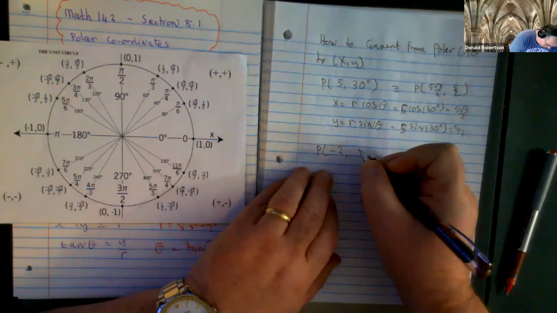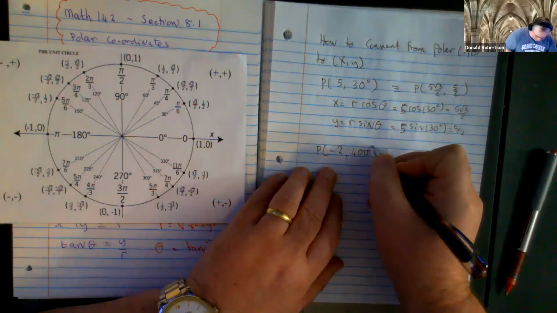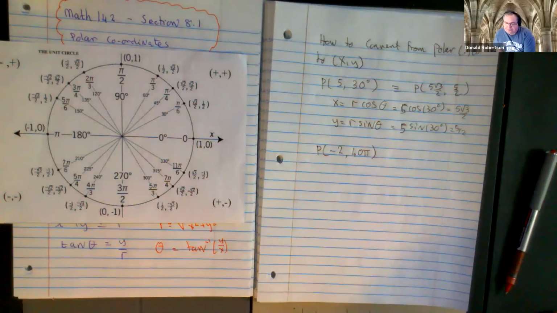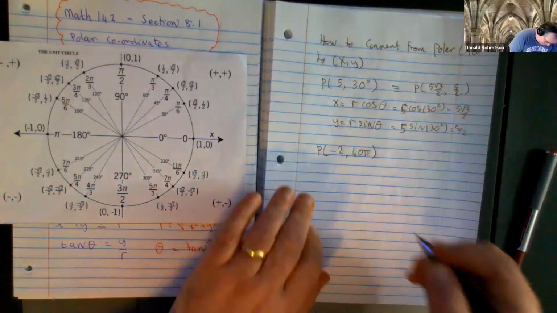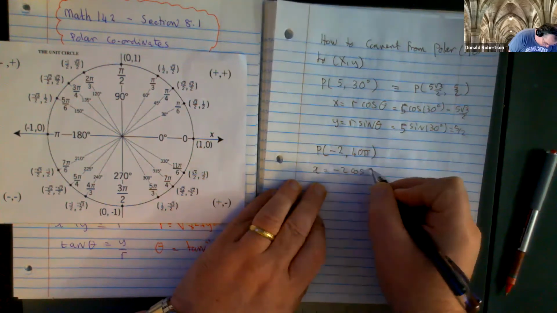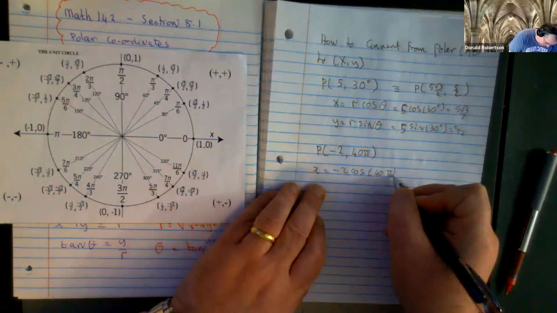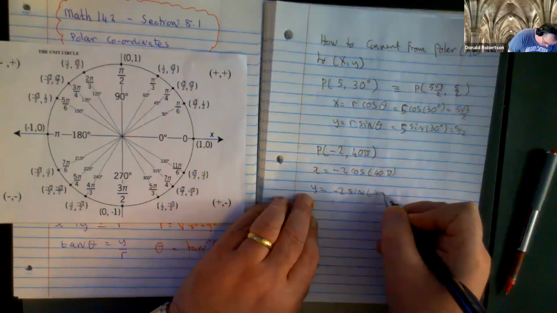Negative 2, 40 pi. Would you agree that is zooming around a circle an awful lot of times? And isn't that negative 2 kind of hard to figure out where it's pointing? But X is just going to be negative 2 cosine of 40 pi, and Y is going to be negative 2 sine of 40 pi.